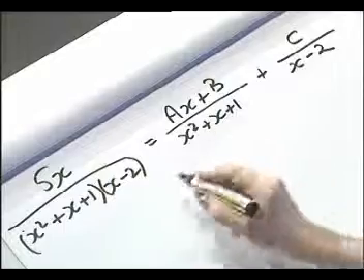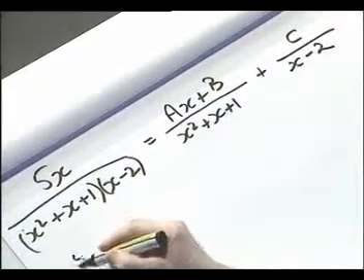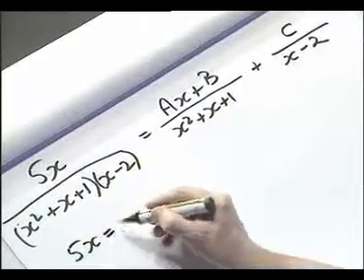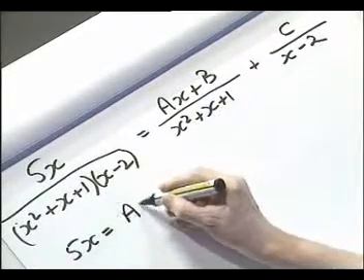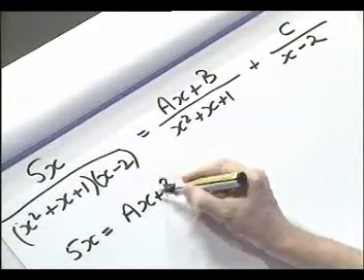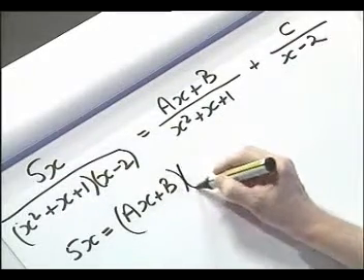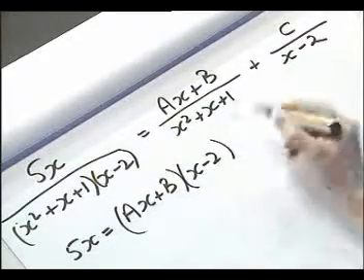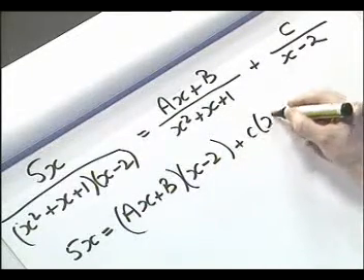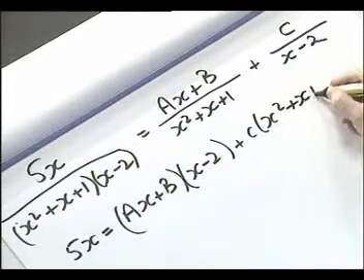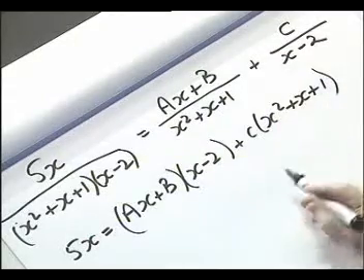As before, we multiply this out, so we get that 5x equals (ax plus b) times (x minus 2) plus c times (x squared plus x plus 1). One special value we can use is x equals 2.